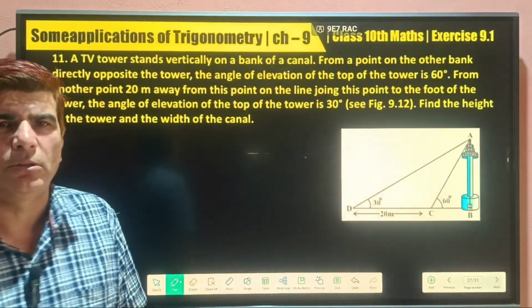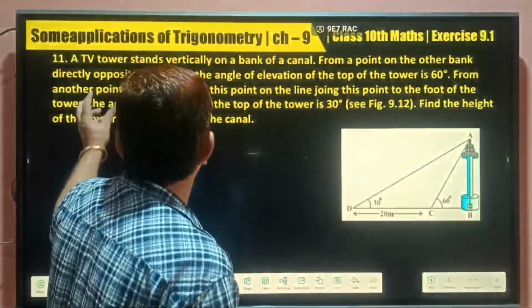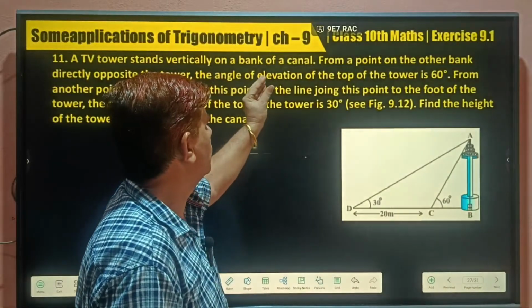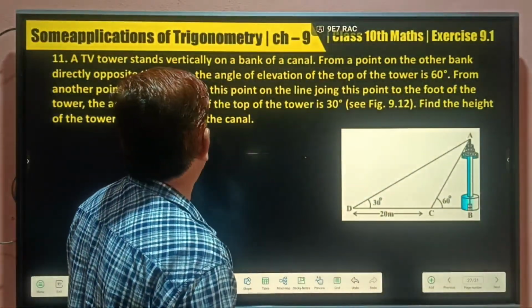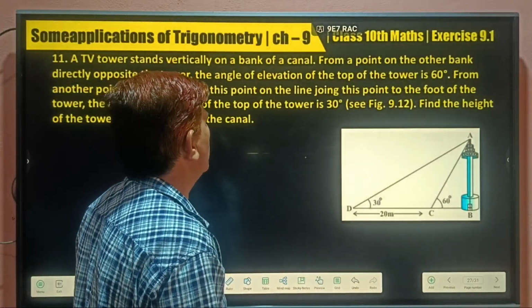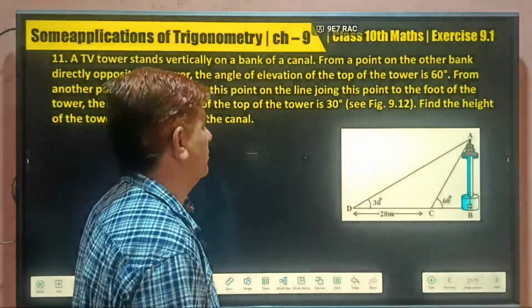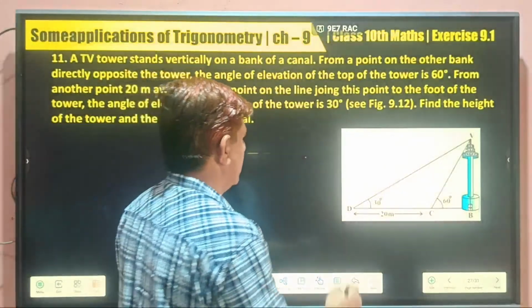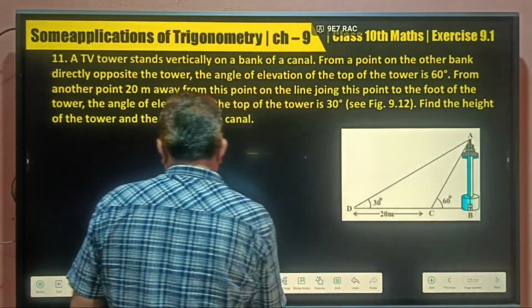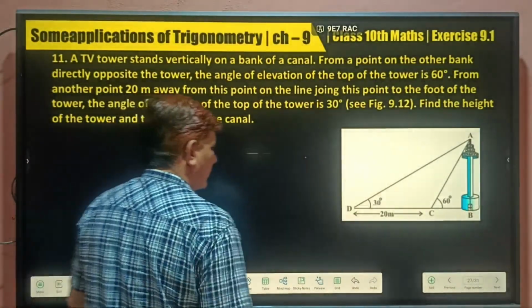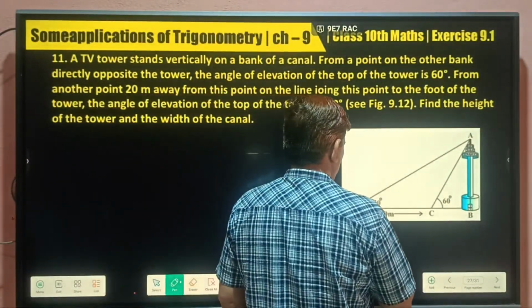So, a TV tower stands vertically on the bank of a canal. From a point on the other bank, directly opposite to the tower, the angle of elevation of the top of the tower is measured. This is the opposite point. From where this angle is how many degrees?